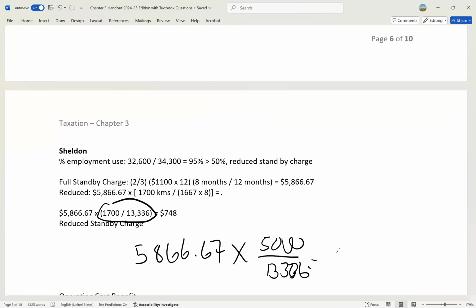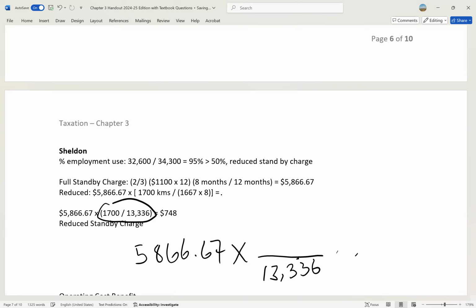His taxable benefit would be basically 2,200. So the more you drive it, the greater your numerator will be, and so the greater your taxable benefit. But what it says is that your numerator cannot exceed the denominator. So that denominator is based on that 1,667 that's set by the government times the months of availability.